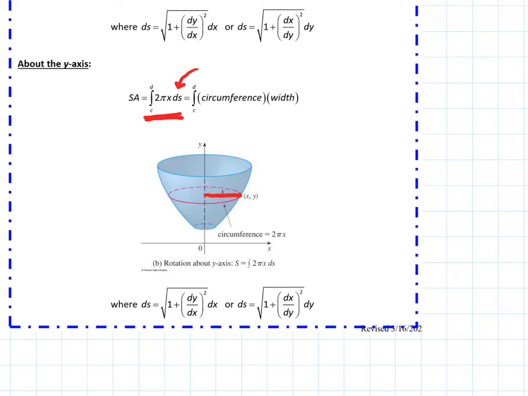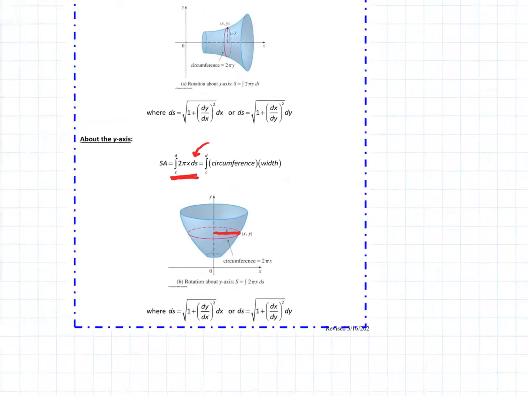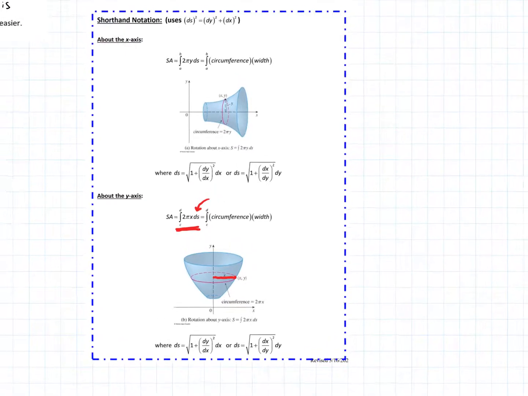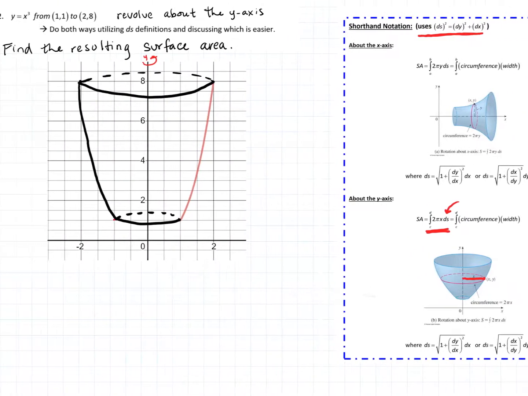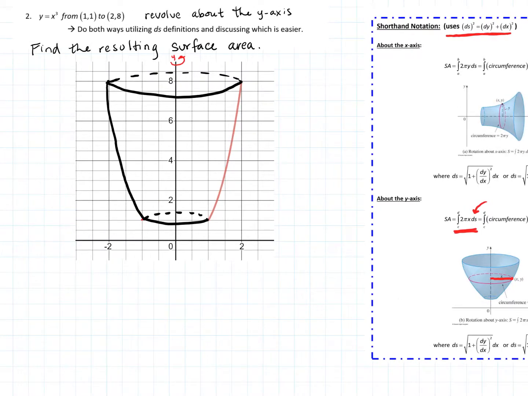But ds can be either the square root of 1 plus (dy/dx) squared dx, or ds can be written as the square root of 1 plus (dx/dy) squared dy. All of that comes out of this relationship. So let's go back to our example and talk about which way we want to do this.